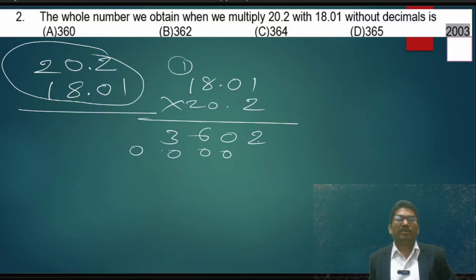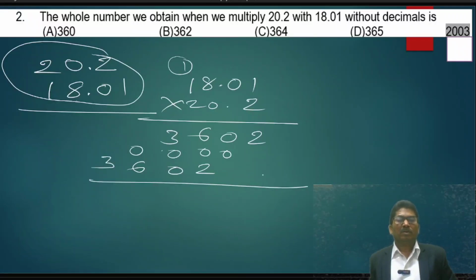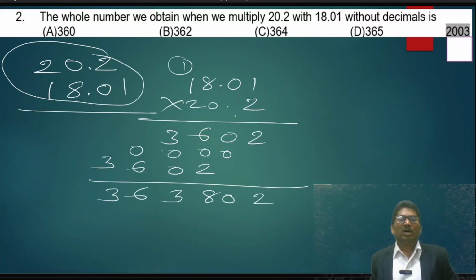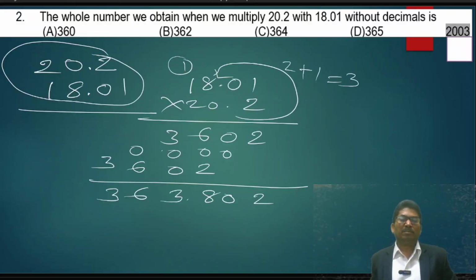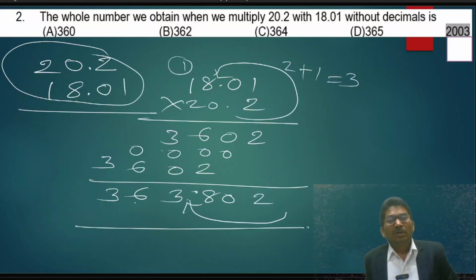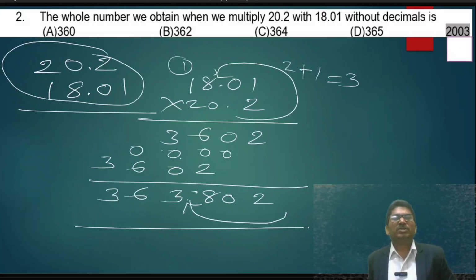Next 2, same this number will come. 2 0 6 3. 2 0 8 3 6 3. How many decimal places? Here 1, here 2. 2 plus 1. So 3 decimal places. 363. So 363 is not there.